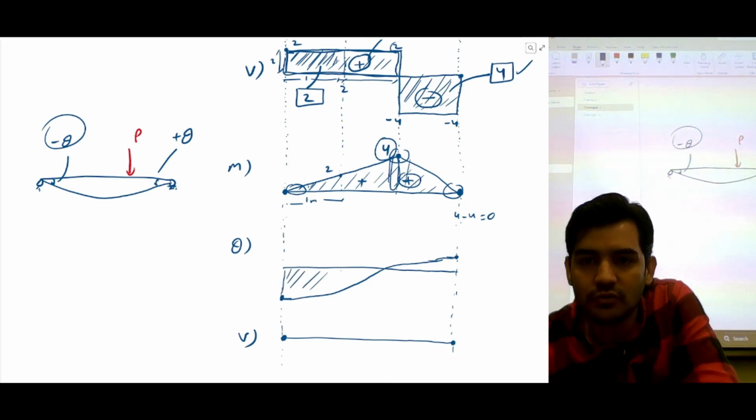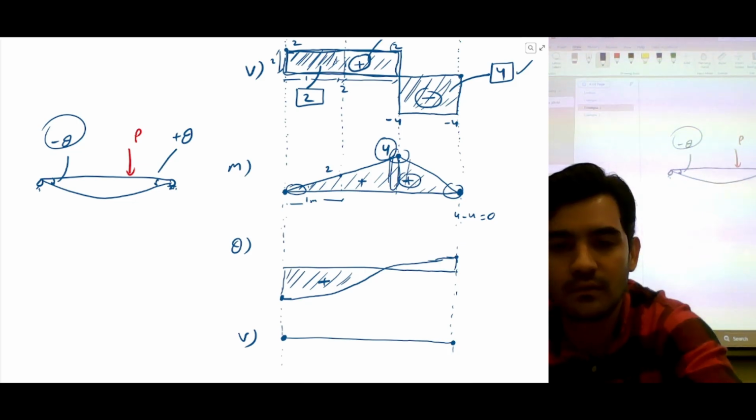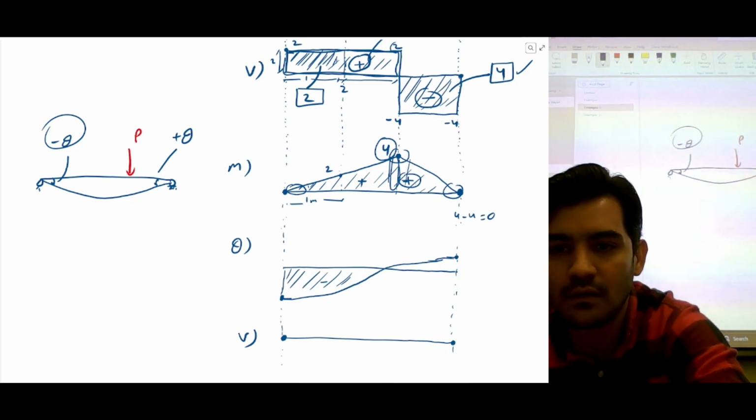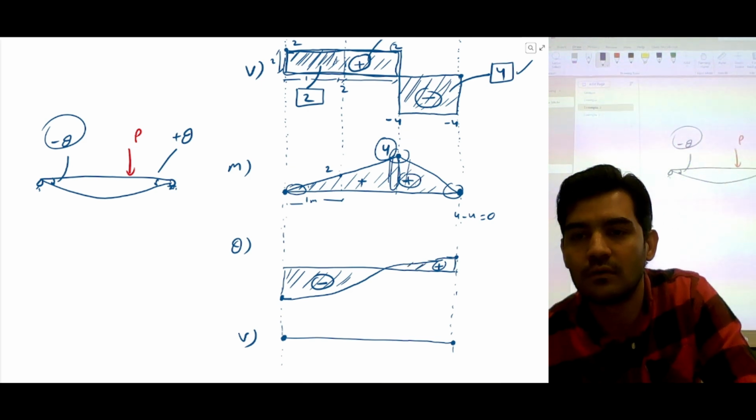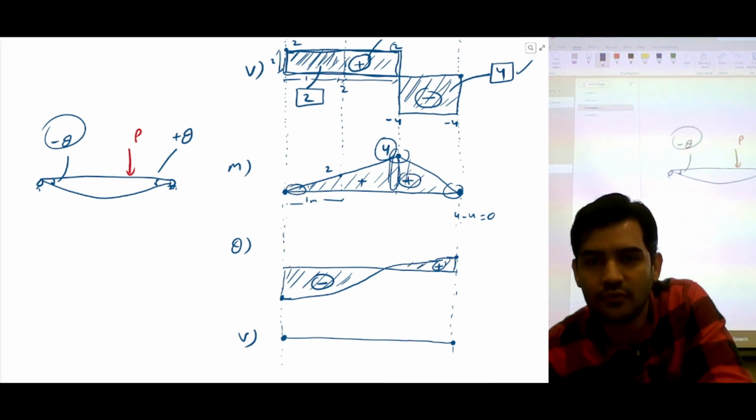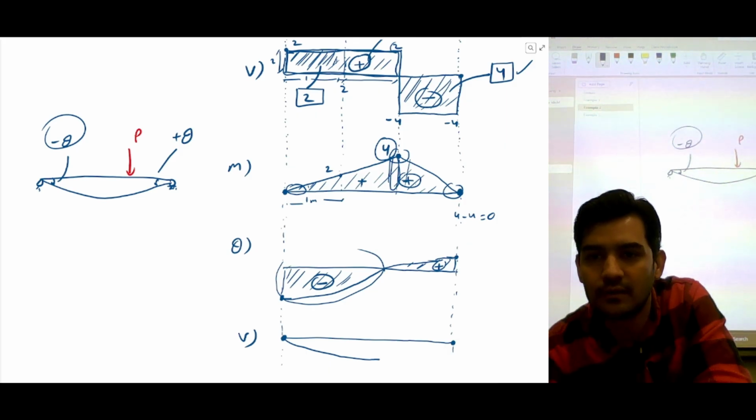So you can also integrate this whole thing. This is negative, and this is positive. If you integrate this entire thing, this is negative, so it's going to go down, right, till this point.